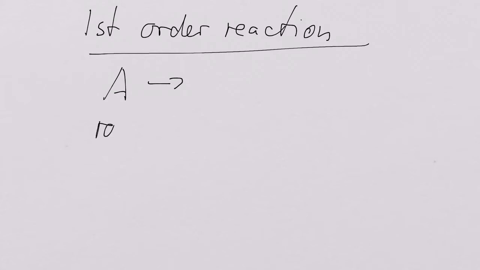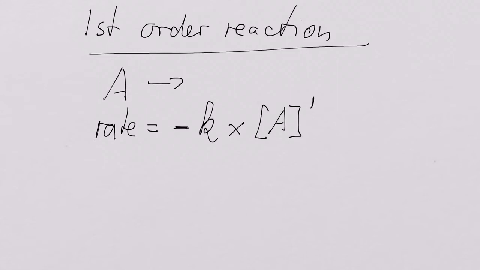So rate equals minus, because it's consumed, k, that's the rate constant, times the concentration of A to the power of 1, if you like. So this 1 is the rate order. I told you rate order can be anything. In contrast to the molecularity of a reaction, molecularity can only be 1 or 2.